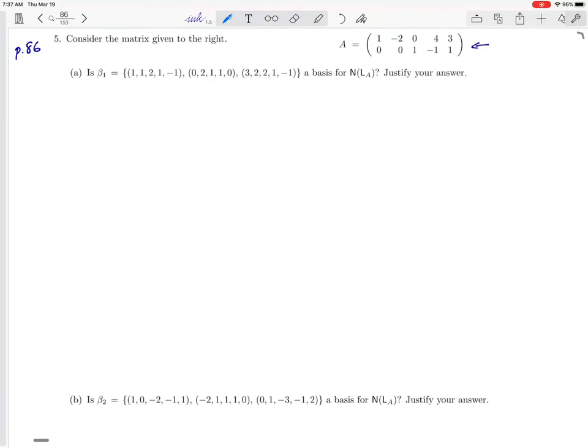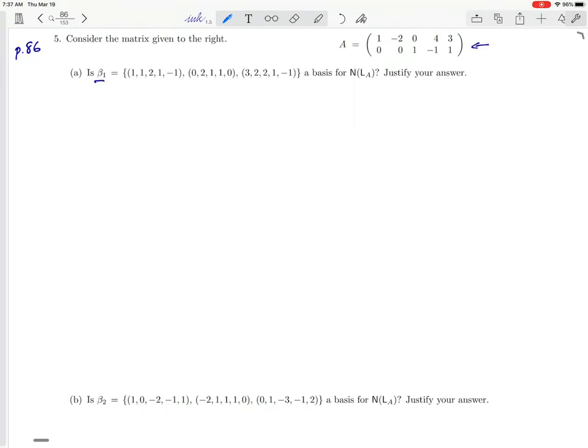What's interesting about this question is we've done problems like this before, and you could look back at some of the examples that we did and actually find a basis for the null space of L of A. But what you'll discover is that you actually get a different set of vectors than what they're giving us here for beta 1. So could it be that this beta 1 is a different basis for the null space of L of A? That's the question that we're trying to answer here.